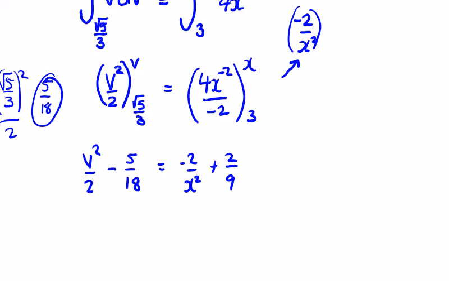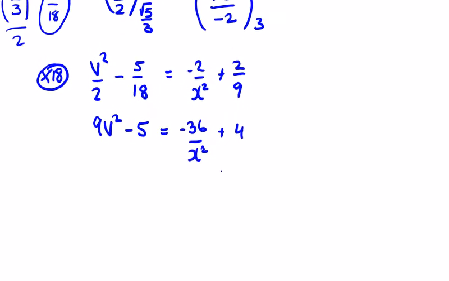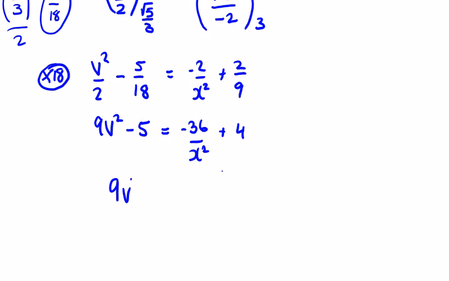Okay, multiplying by 18, I'm thinking a step ahead. So we're going to just get rid of the denominator, so I'm going to get 18 over 2, 9v squared minus 5 equals minus 36 over x squared plus 4. So simplifying for v, we're going to get 9v squared is equal to minus 36 over x squared plus 9.